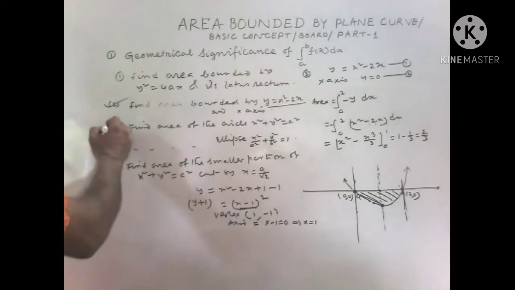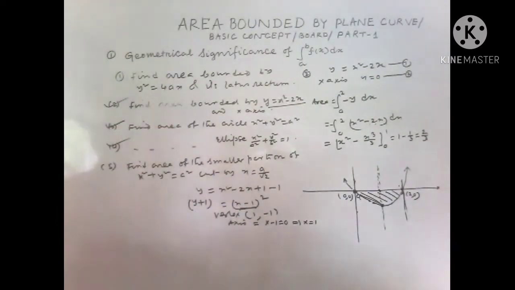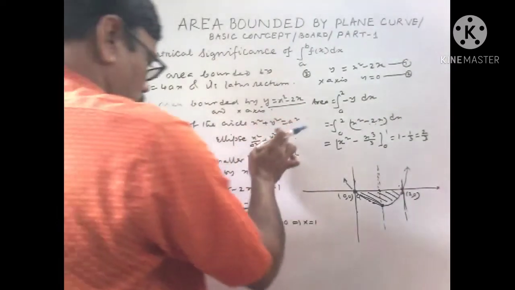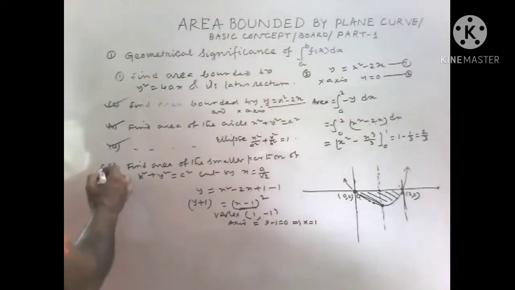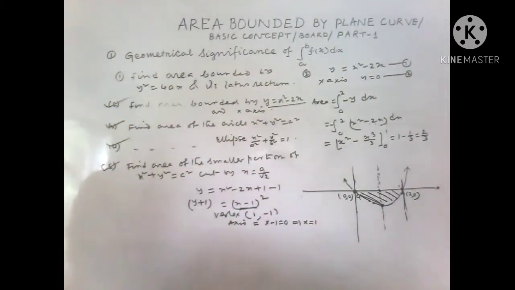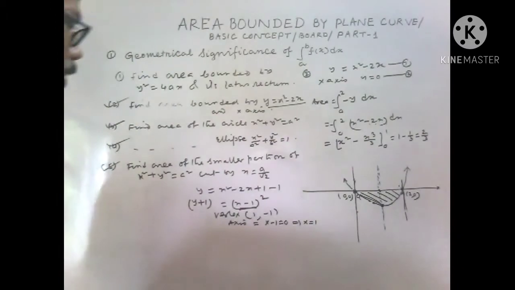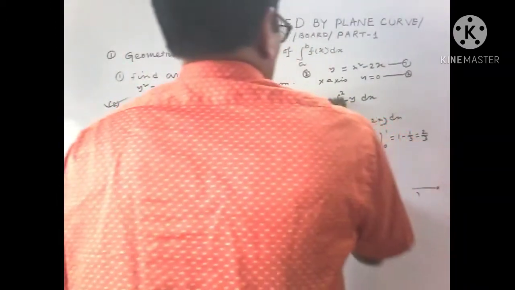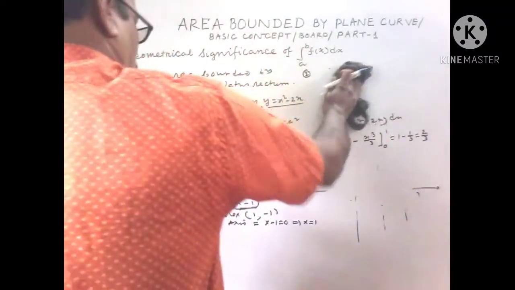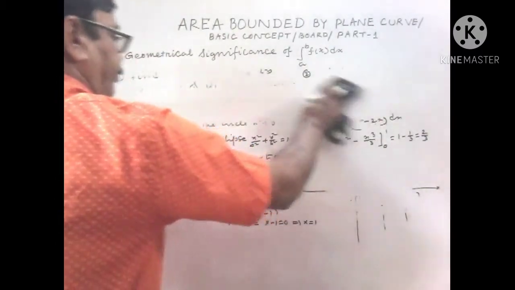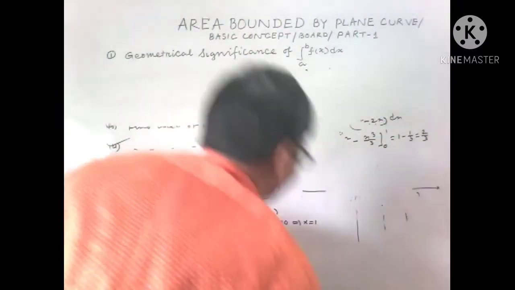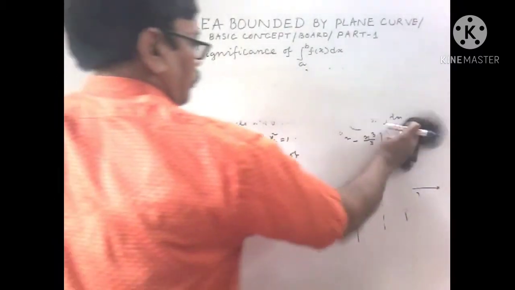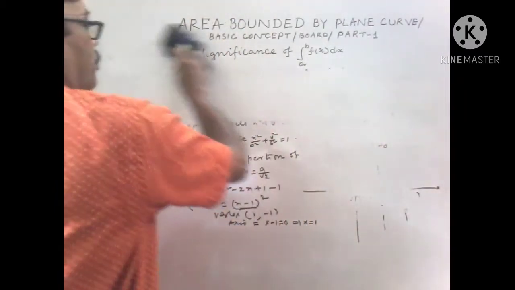Now problems number 3 and 4 are of the same type. Area of circle, area of ellipse and also height. They are of the same type. So write problem number 4, area of ellipse.